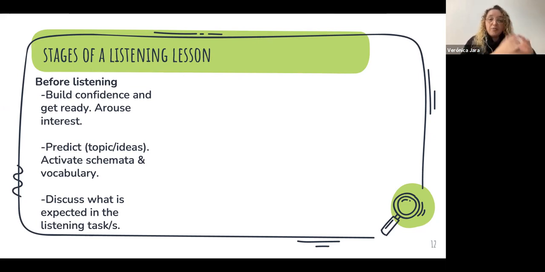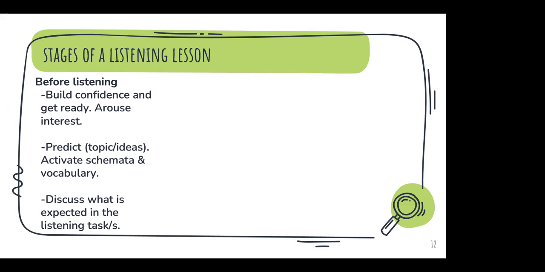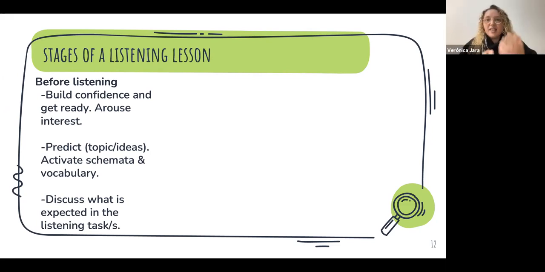We have the before listening stage, in which we will build confidence, help students get ready for their first encounter with the listening text, arouse interest, and predict the topic or the ideas that they will be listening to, right? Activate schemata, that prior knowledge that they have, that acts as a kind of landing pad, let's say. Activate vocabulary, maybe even pre-teach some vocabulary, right?